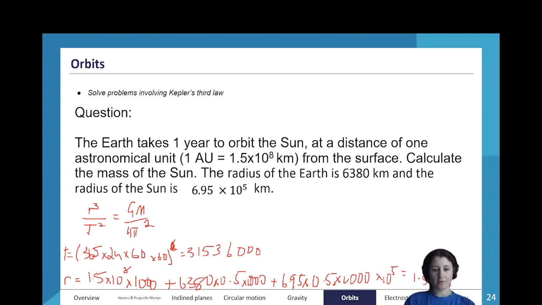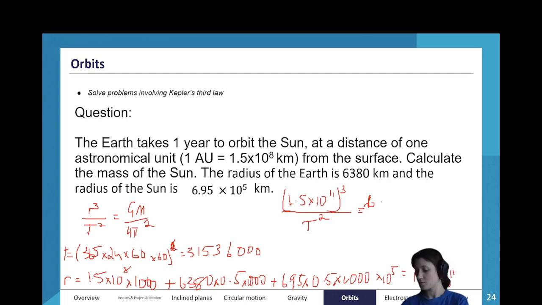So we're going to have 1.5 times 10 to the 11 cubed over our period squared, which I'm not going to write out again, multiplied by our gravitational constant, which is 6.67 times 10 to the negative 11 multiplied by m on 4 pi squared.